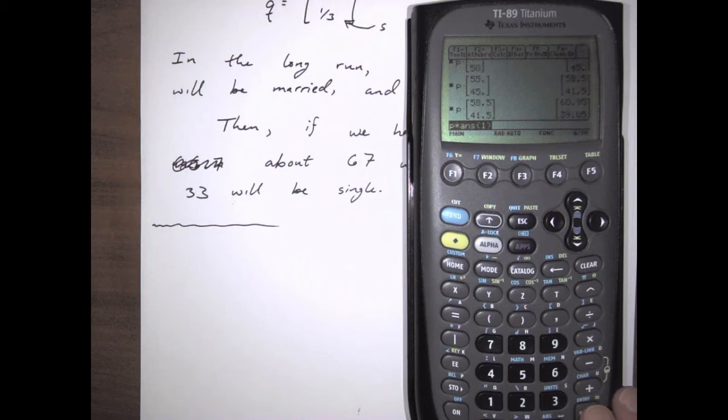But here, year after year passes, and you notice the number of married is going up, the number of single is going down, and it just keeps on getting closer and closer to the steady state vector.